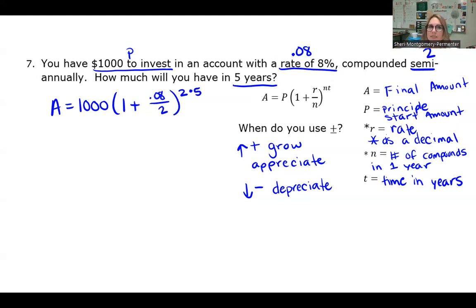Sometimes if it's a number that's easy to do in your head, like when I'm typing this in, I'm probably not going to put 2 times 5 because I know what 2 times 5 is. What is that? 10.